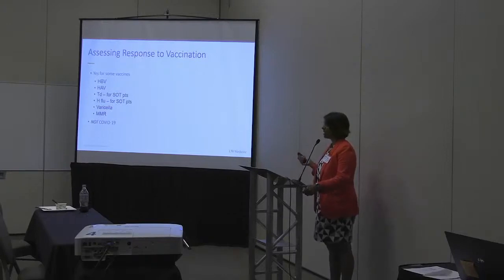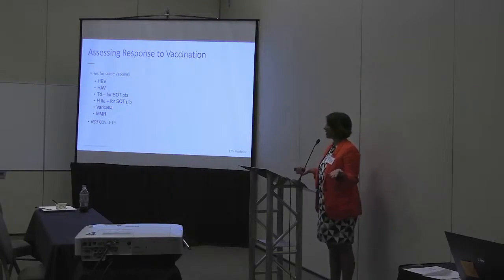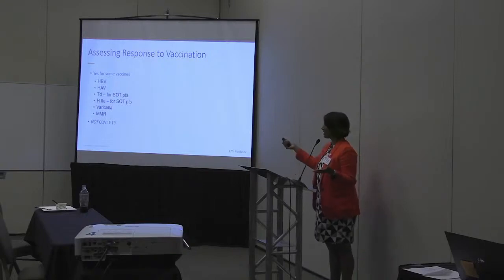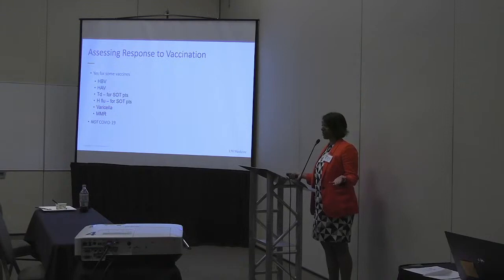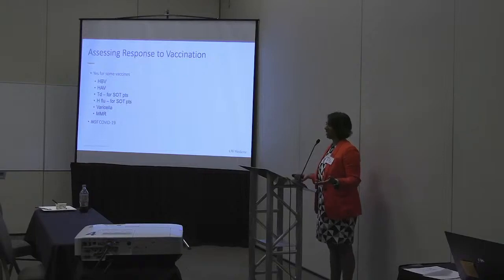One of the criticisms of doing that is that there's not really a good correlate of immunity. So that is a caveat for checking things afterwards. What do we know? What do we think they mean? Are they protective or are they not protected? And that's the argument against COVID vaccine serologies, because they're really variable depending on the lab, and we don't actually know what that correlates with in terms of immune response and decreasing incident disease.